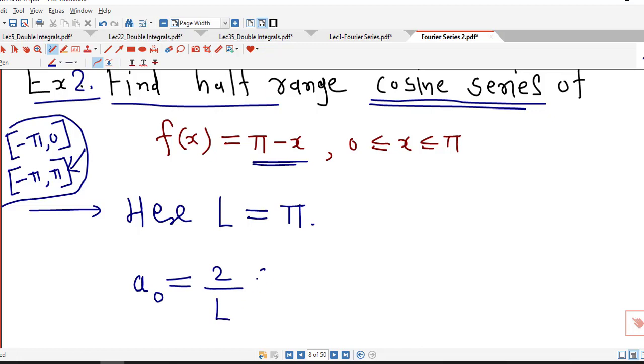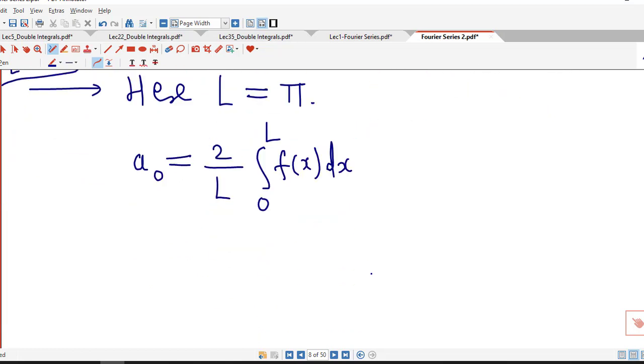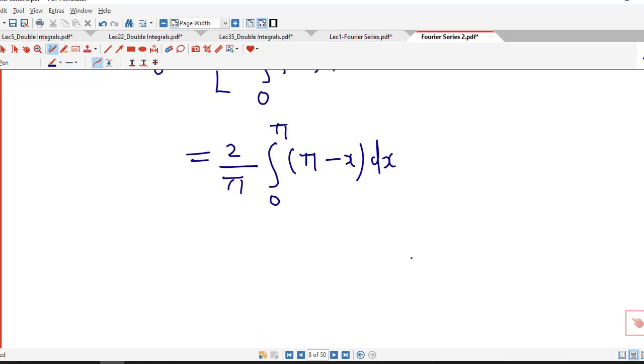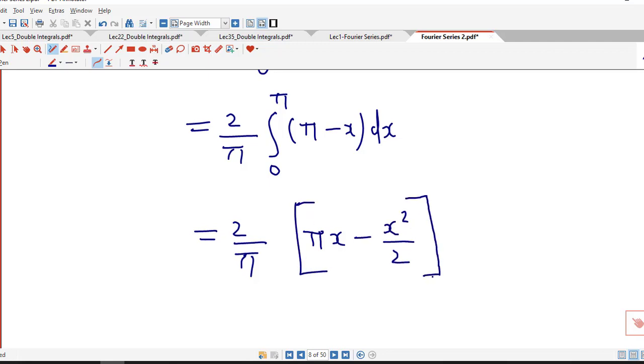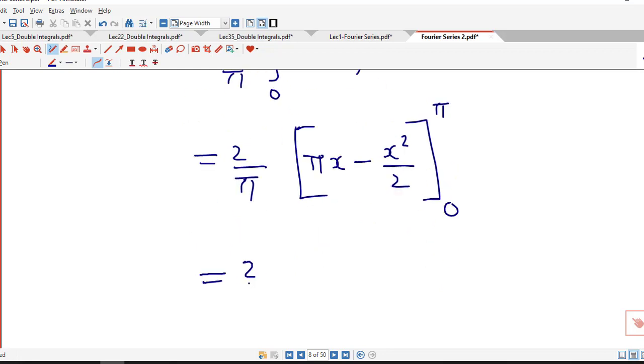The formula for a0 is 2 by L integral from 0 to L f(x) dx. L is pi, so we have 2 divided by pi integral from 0 to pi of (pi minus x) dx. So this is equal to 2 divided by pi, integral is pi x minus x square by 2, x from 0 to pi.